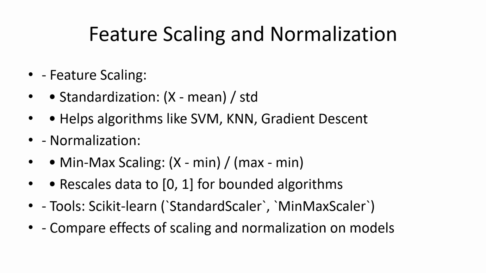Normalization rescales data to a range between 0 and 1 using min-max scaling, making it suitable for bounded algorithms like neural networks. In Python, scikit-learn provides tools like "StandardScaler" and "MinMaxScaler" to implement these techniques efficiently.